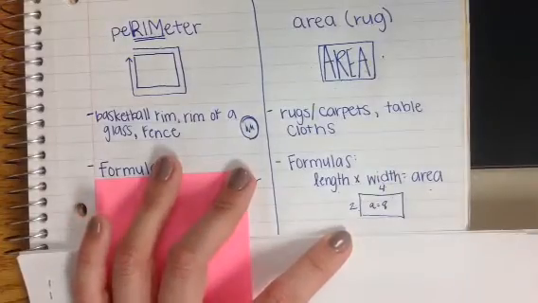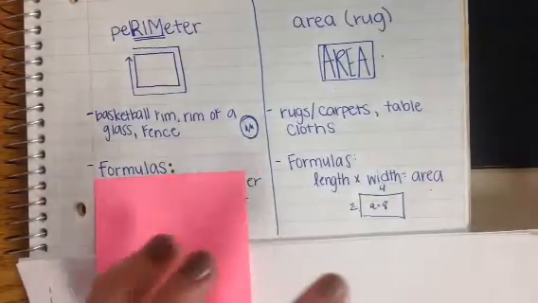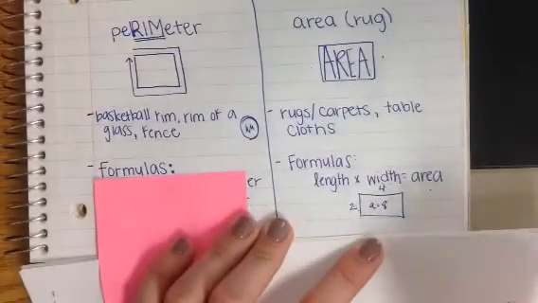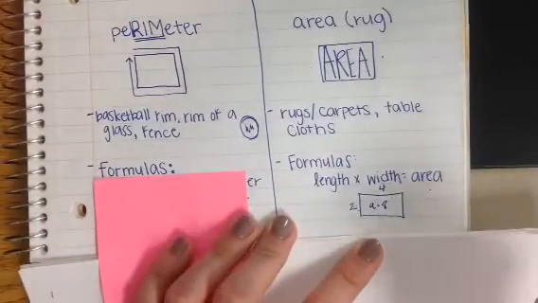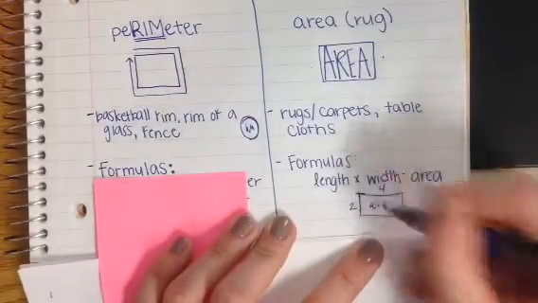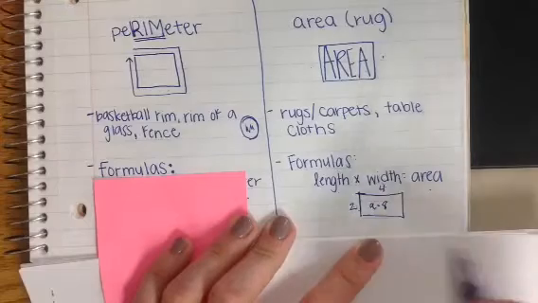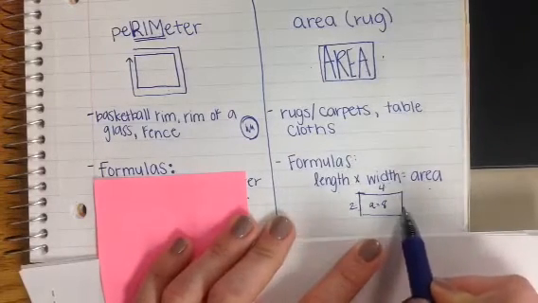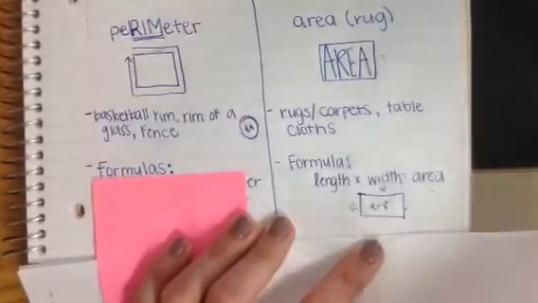Remember that when you're trying to figure out which is the length and which is the width, it doesn't really matter which is which. You know, though, that you need to pick two numbers that intersect with each other. So you can pick this side and do 2 times 8, but you can't do 2 times 2 because they're the same length or the same side.